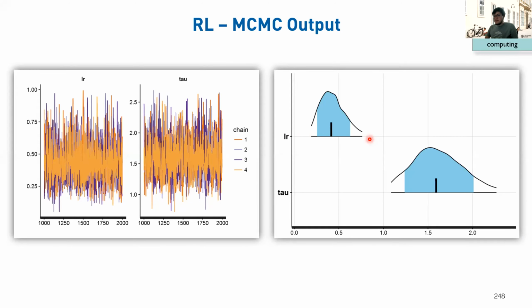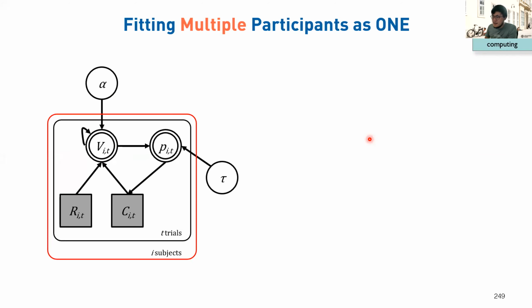Good. And next, conceptually, we don't have one participant, right? We have multiple participants. And usually, how do we fit the model to the data when we have multiple participants? There are multiple ways from the literature, and there are pros and cons of these approaches. Let me introduce them to you one by one.